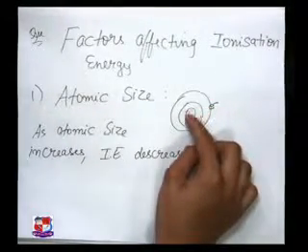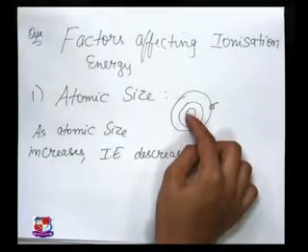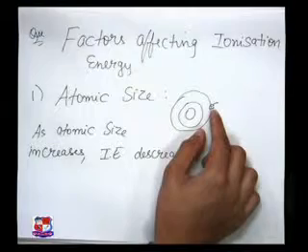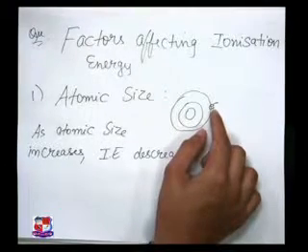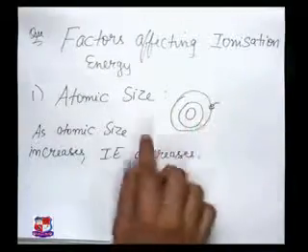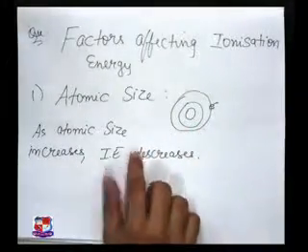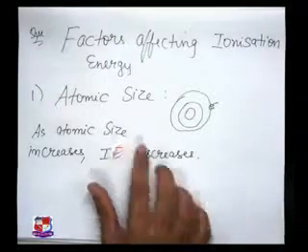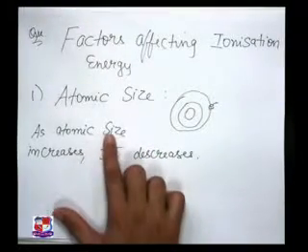When this distance increases, that particular electron can be very easily removed on application of a little amount of energy, and hence you need very little energy, and due to this reason your ionization energy decreases with increase in the atomic size.